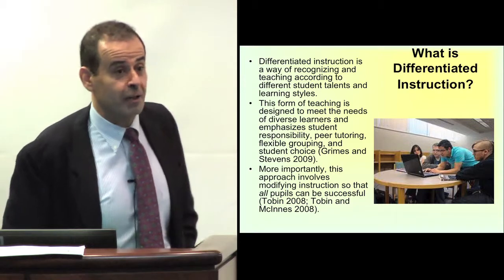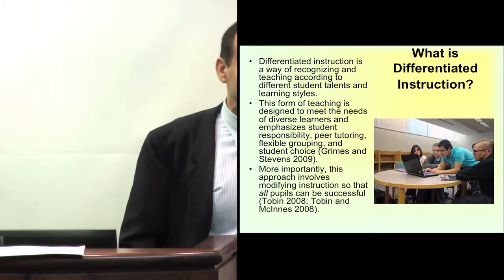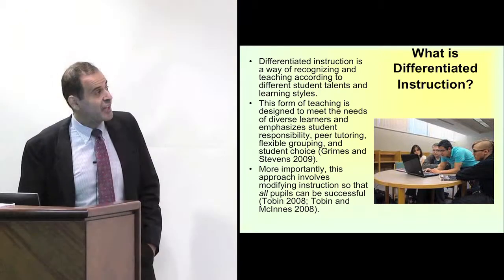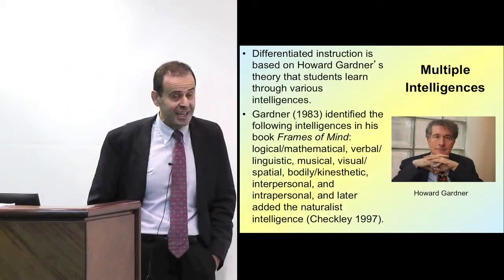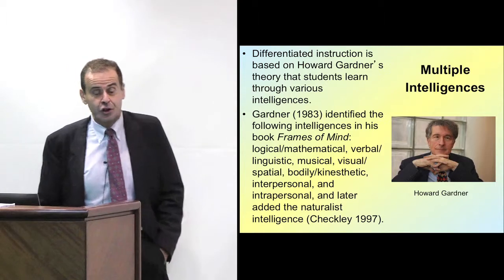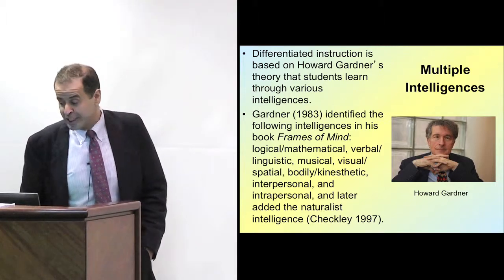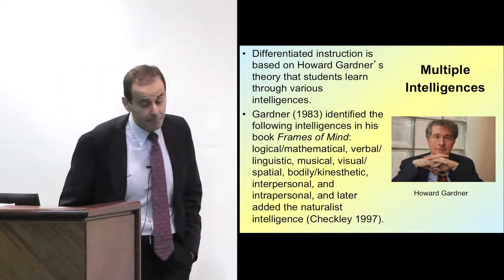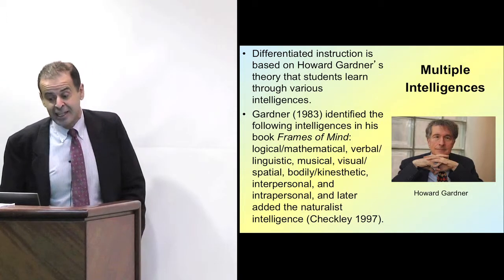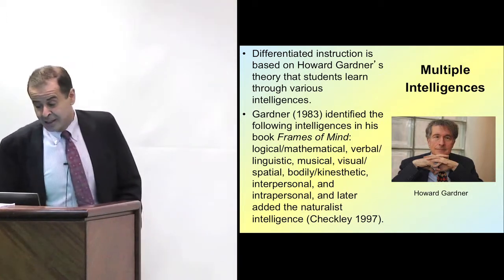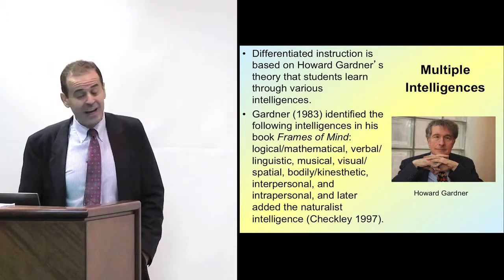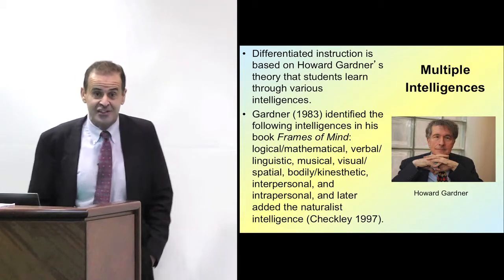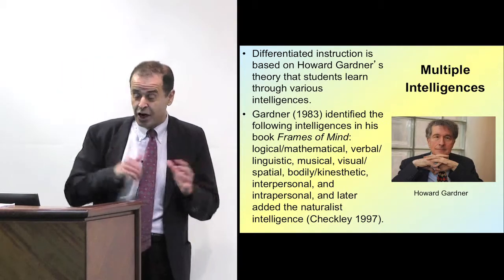And now I'd like to talk a little bit about the theories that differentiated instruction is based on. One of the leading theorists on differentiated instruction is Harvard University professor Howard Gardner, who did a tremendous amount of work and is the leading authority on multiple intelligences. In 1983, Dr. Gardner wrote a book called Frames of Mind, in which he identified 7 intelligences and then added another one.